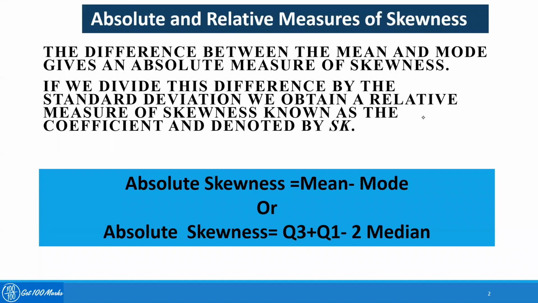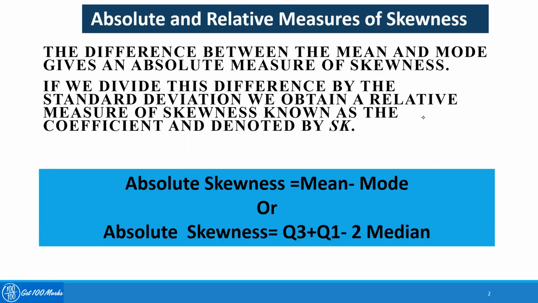Let's understand the basic difference between absolute and relative measures of skewness. I believe all of you have already been exposed to the absolute and relative measures of dispersion in my earlier video. Absolute measures means the unit of that measurement will be the same as the unit of the observations.